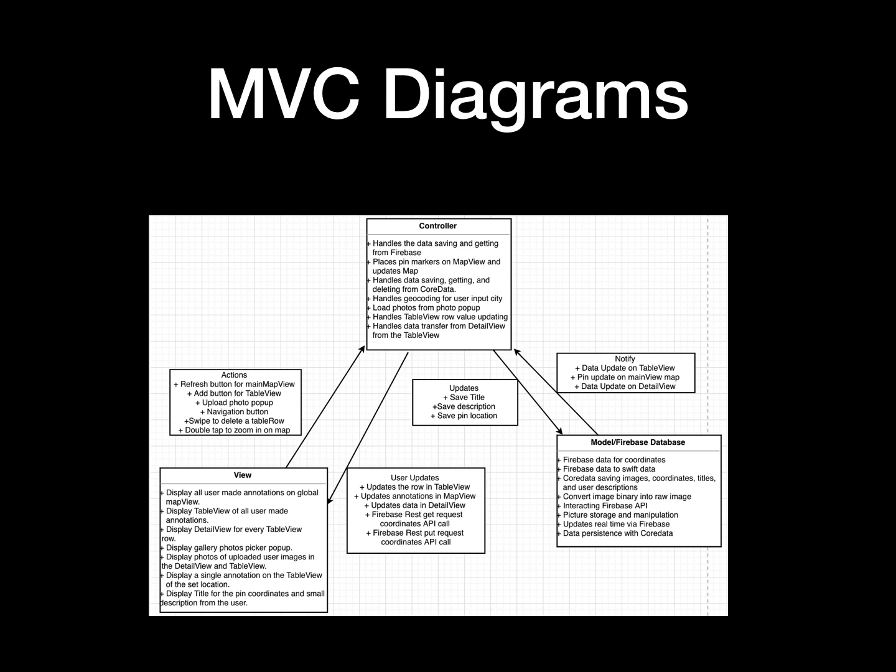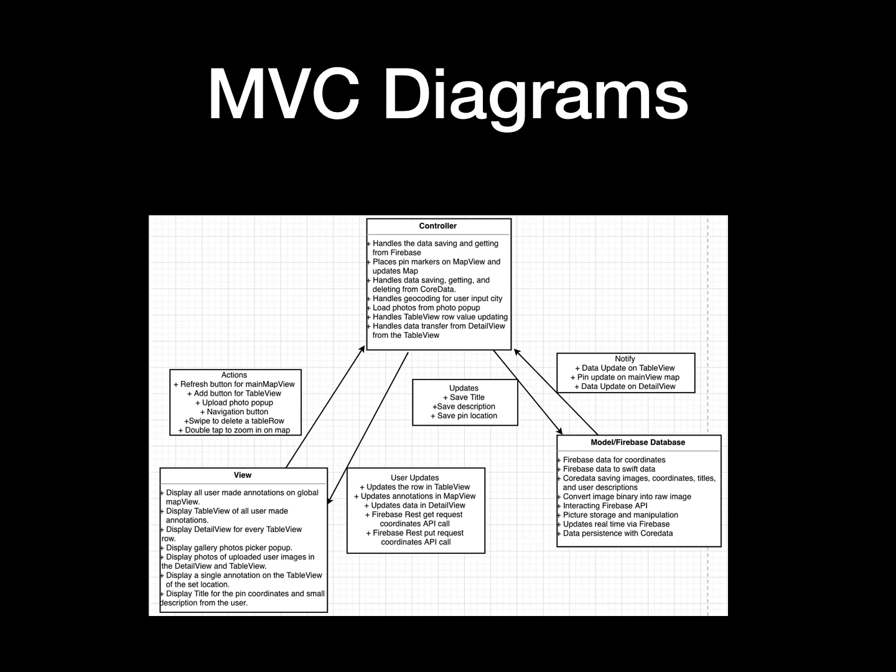And it will also handle saving, getting, and deleting data from Core Data, as well as handle geolocation and loading photos, table view updates, and data transfer between detail view and table view through segues.